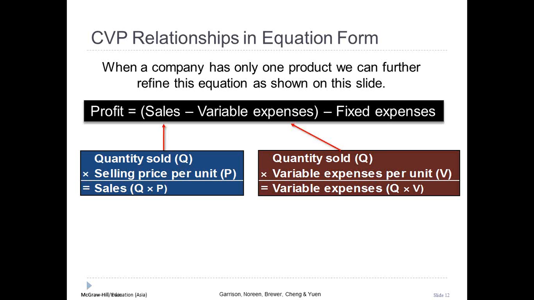So sales are equal to the quantity sold, which is Q, times the selling price per unit sold, which is P, and variable expenses are equal to the quantity sold, same Q, times the variable expenses per unit, V. V is your variable expenses per unit. This is the selling price per unit. So this supports the variable expenses, this supports the sales value.